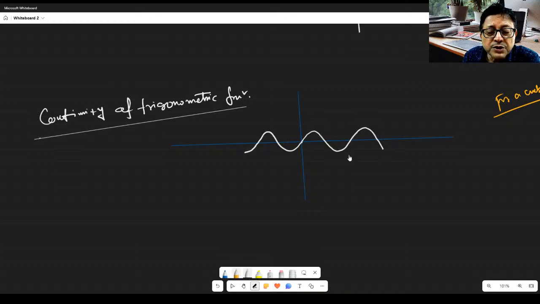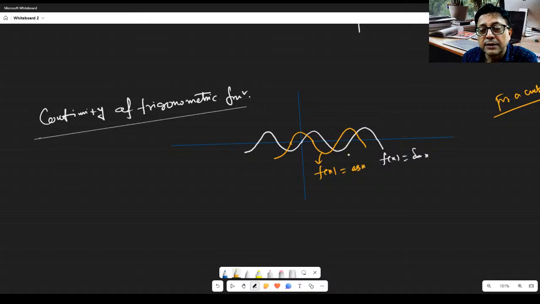Even if we do it for cosine function, this is fx equal to sine x. Fx equal to cosine x, if we do, this is also continuous everywhere, isn't it? This yellow one is for fx equal to cos x.